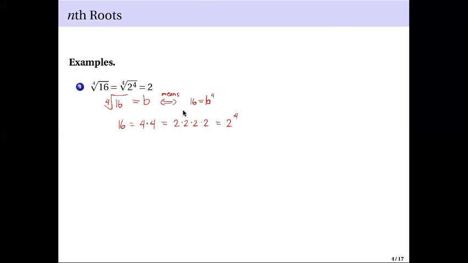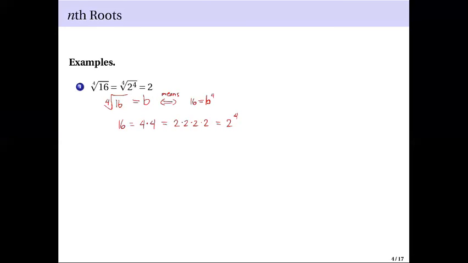And therefore, if 16 equals b to the 4 for some number b, and 16 is equal to 2 to the 4, this means that b is equal to 2. So that's the reason why we have 2 in here.